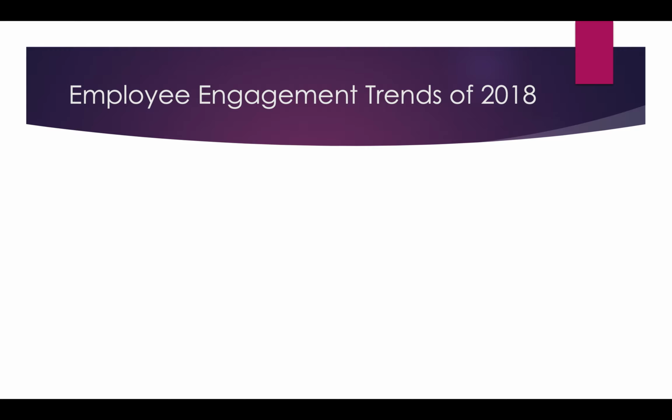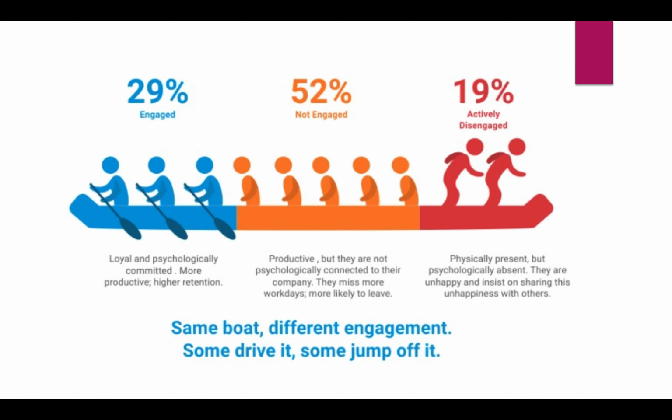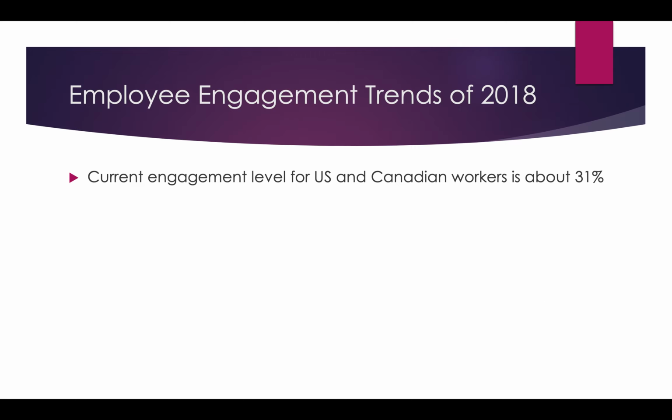But here were some of the top trends. One of the statistics is similar to the infographic. The infographic says 29%, and this one says 31%, but current engagement levels for US and Canadian workers is only 31%, meaning less than a third of our workplace we are classifying as engaged.